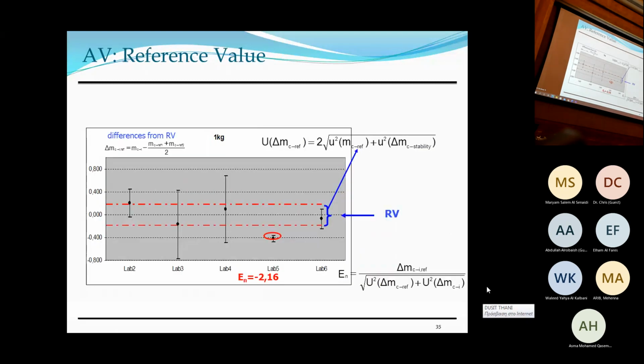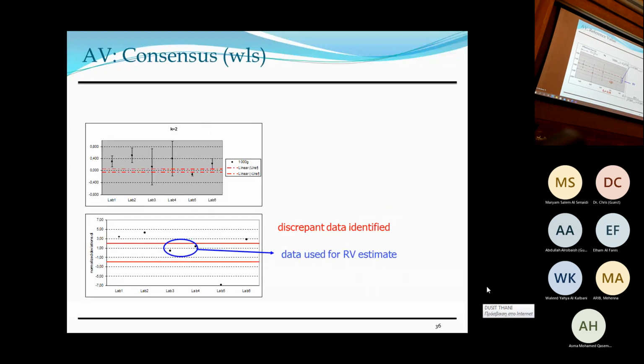Okay, same results as the 1 kg here, but here the assigned value is through consensus. So instead of using a reference value, the weighted least squares were used in order to determine the assigned value.